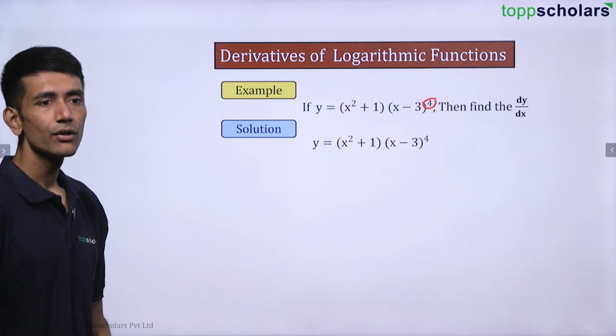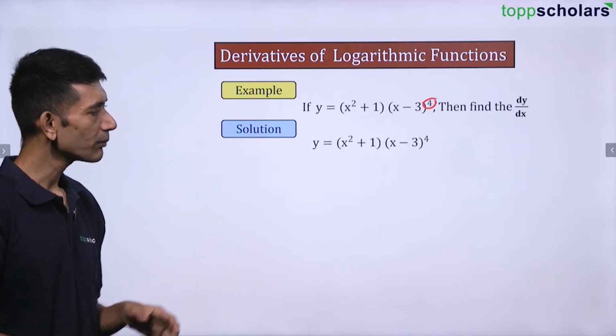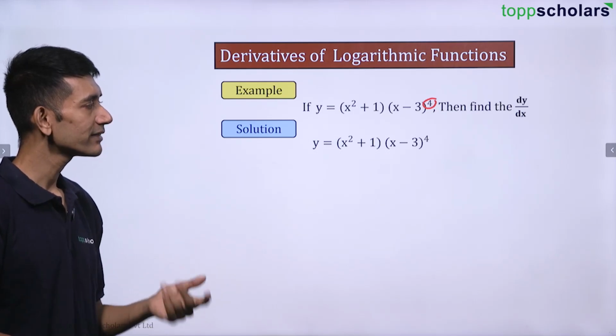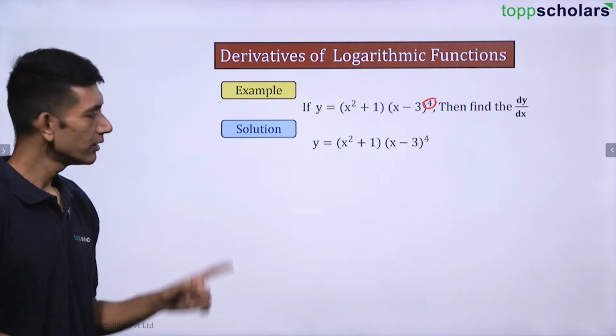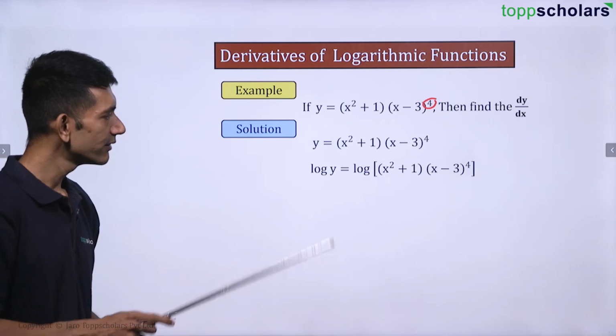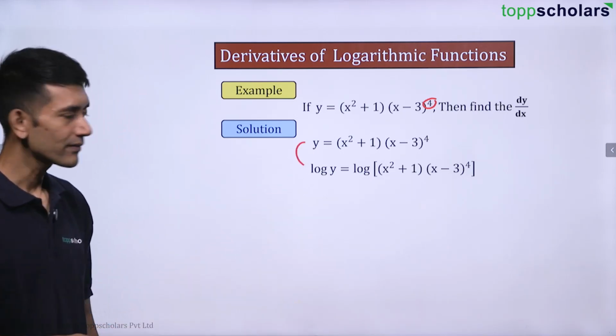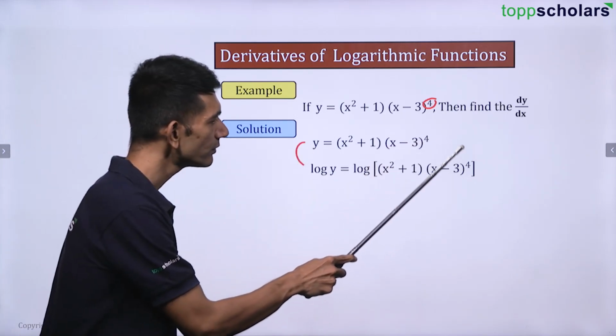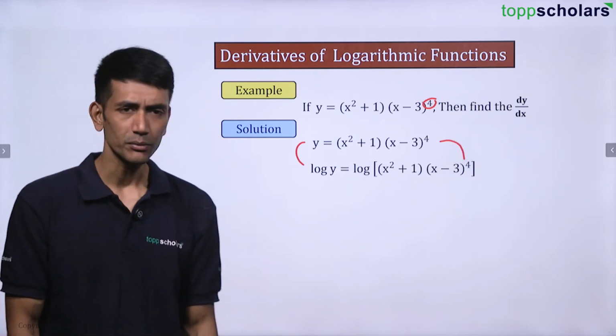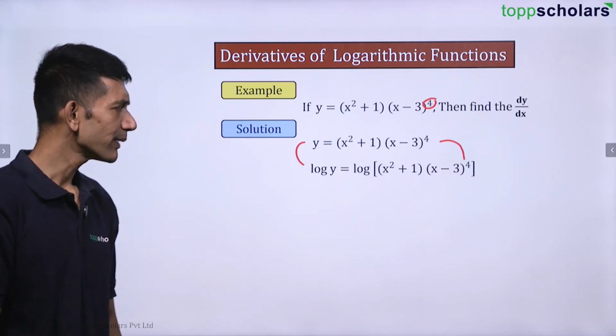So here you have y is equal to x square plus 1 multiplied by x minus 3 raised to 4, correct? So you can take log on both the sides. So can I say this becomes log y is equal to log of x square plus 1 multiplied by x minus 3 raised to 4.